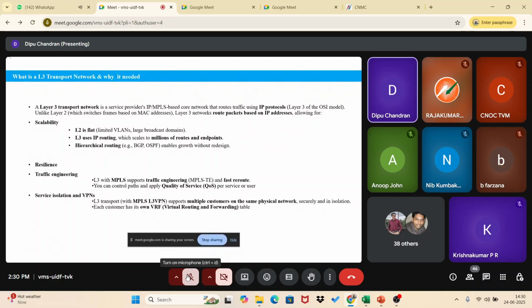Whatever data I am getting, there will be a source IP and a destination IP, just like our address, from where to where I have to go. I have a sender address and a receiver address. I have to route this packet, which means I have to find the way for this packet from sender to receiver. This is what my network now has to do.